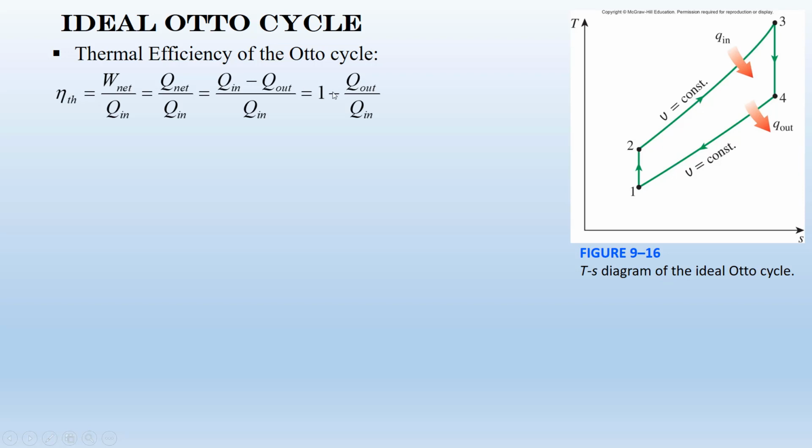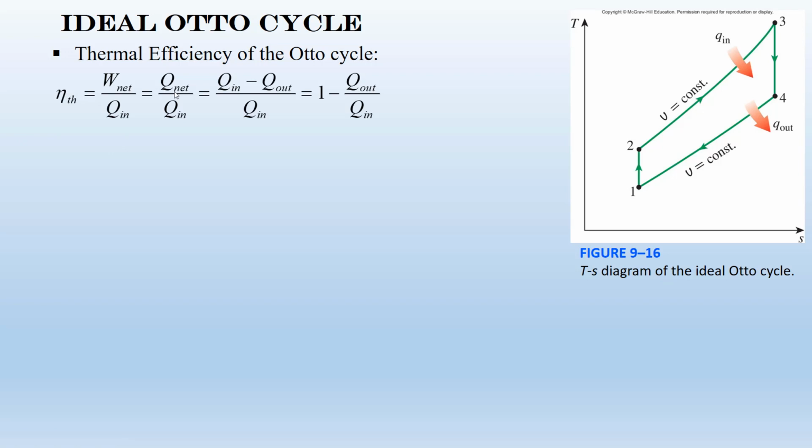So you can use this equation, guys, to calculate the thermal efficiency of all ideal Otto cycles. You can use these equations. So this is valid for all cases, for all Otto cycles.